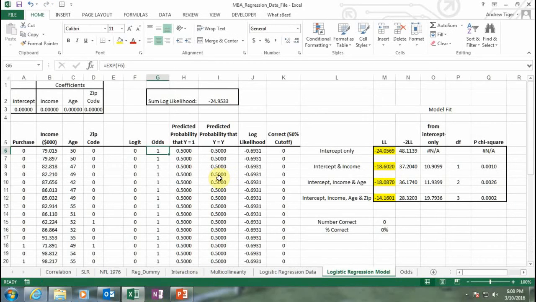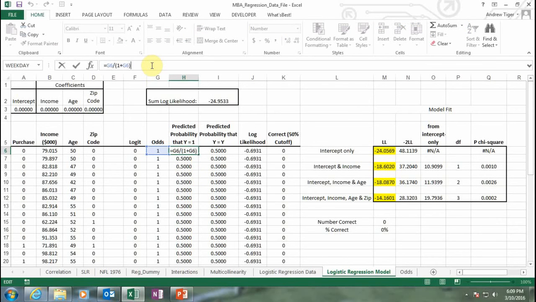Now that I've got the odds, I can convert these odds to probabilities. Now, if it's a 0, I want to find the probability that they didn't purchase. And if it's a 1, I want to find the probability that they did purchase. Well, that's really what column I is doing, but we start by calculating a probability that they did purchase from the odds.